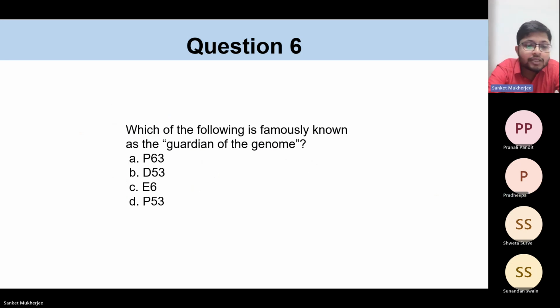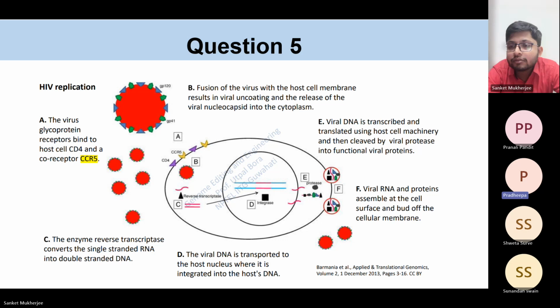Sir, if we make the CCR5 mutant, what about the original functionality of the co-receptor? Will it not affect the recognition of other viruses? Other viruses are not known to use it. They have different modes of internalization.